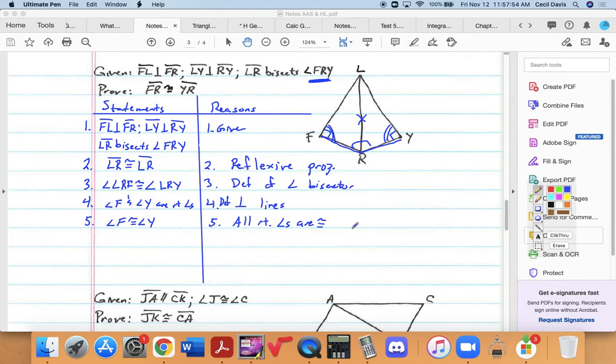So Sierra, do you know why the triangles are congruent now? I was going to say the hypotenuse, but it's not hypotenuse leg because I don't know the legs are congruent. I know the hypotenuses for both of them are congruent to each other, but the legs are these two sides and these two sides, and I don't know any of those sides are congruent. Okay, Jeffrey? Would it be because angle side? It would be angle side.